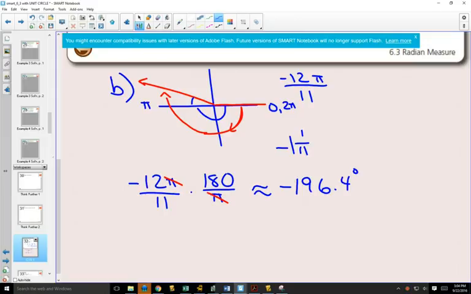Which seems to match up with the picture that we drew, just a little bit more than 180 degrees.